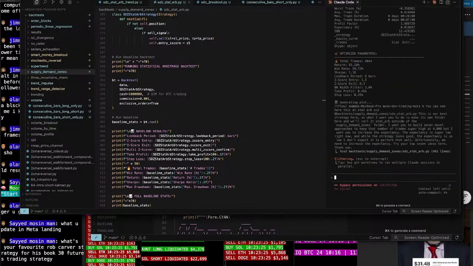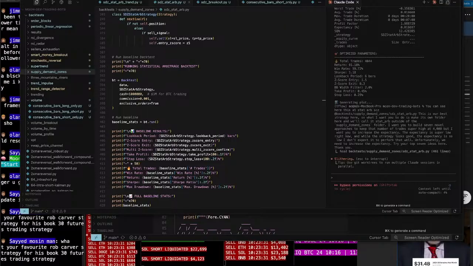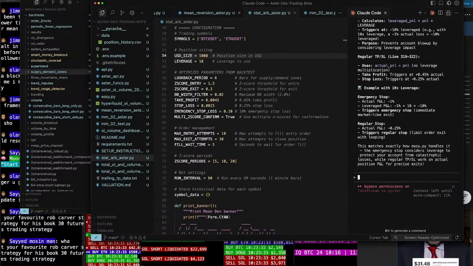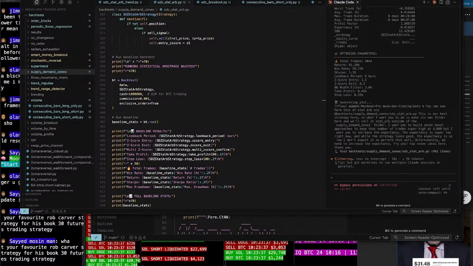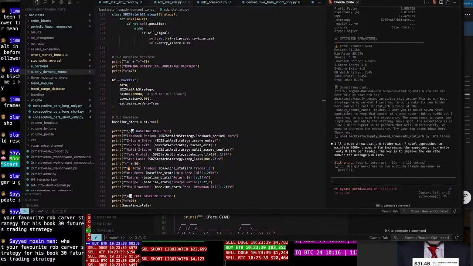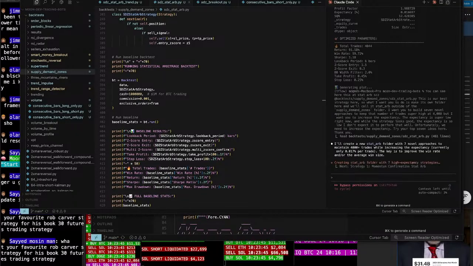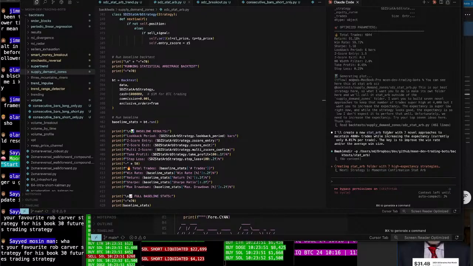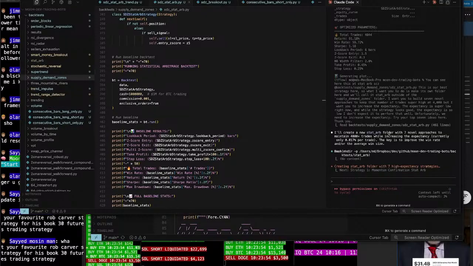Okay, so we're going to have her build a bunch of backtests out because we need them. Just placed another order here. I'll create a StatArb folder, okay?